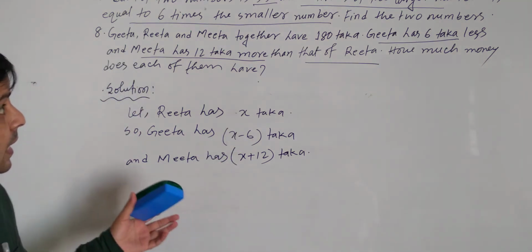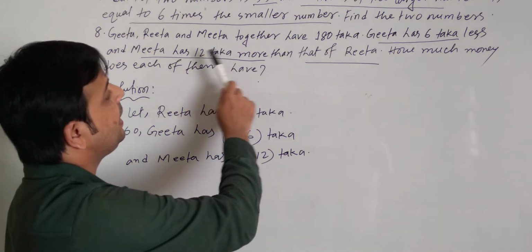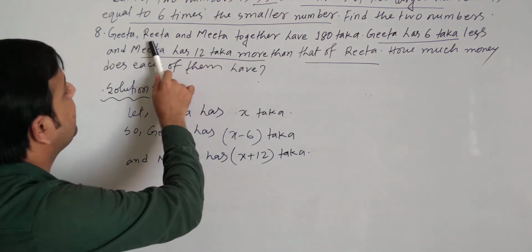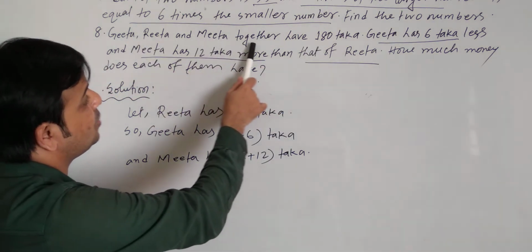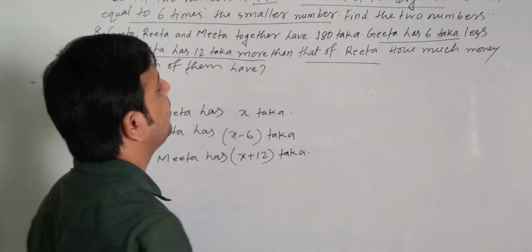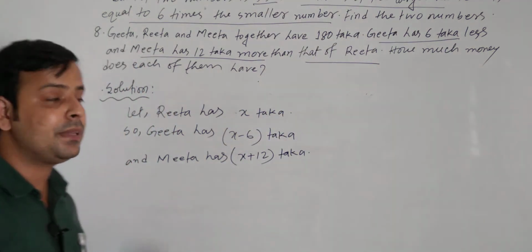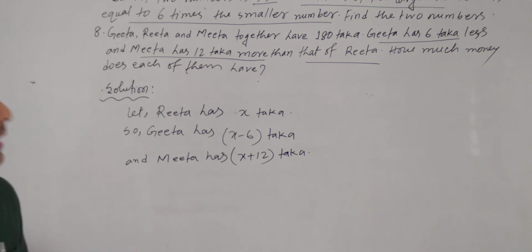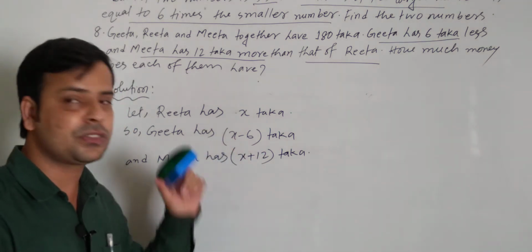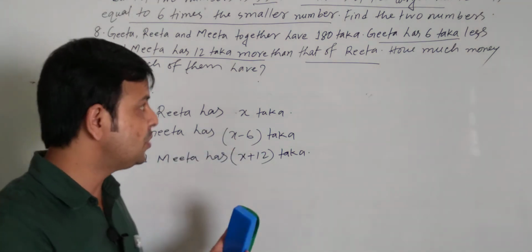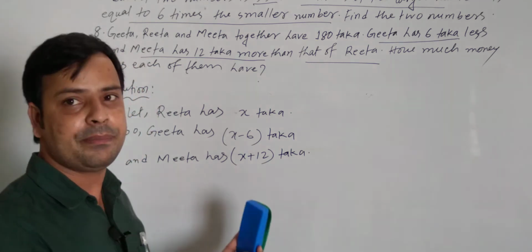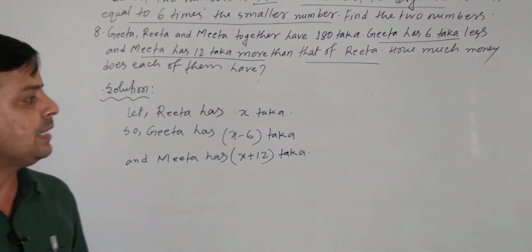Now their sum is 180 taka given. Geeta, Rita and Mita together have 180 taka. It means that if we add these 3, we will get the total amount of Geeta, Rita and Mita, and that is 180.